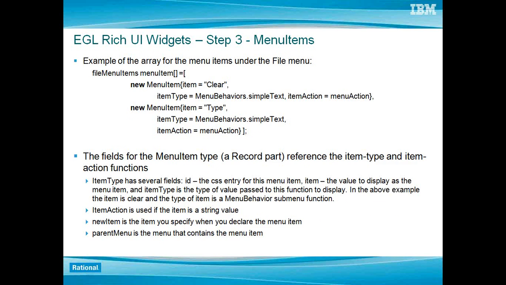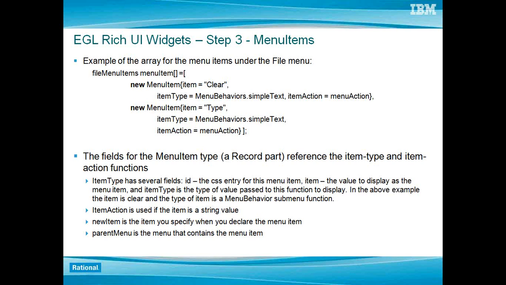Okay, on this slide we have the code of a menu, like file menu items. Here we have declared menu items as an array, with an equal sign and then, within the brackets, new menu items. Then we have declared item equal to clear, so this will be the heading of our menu item.